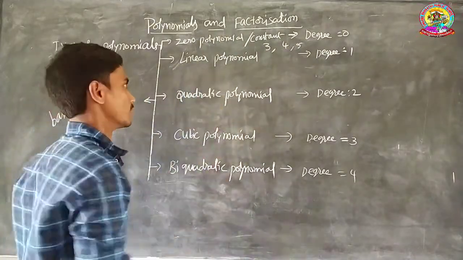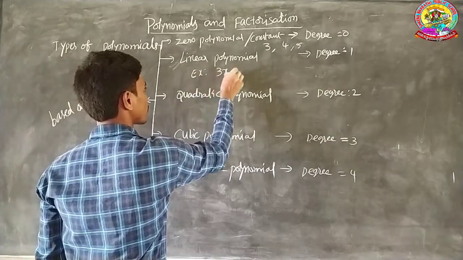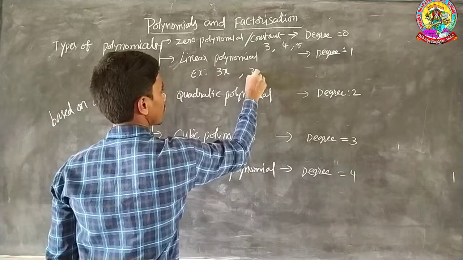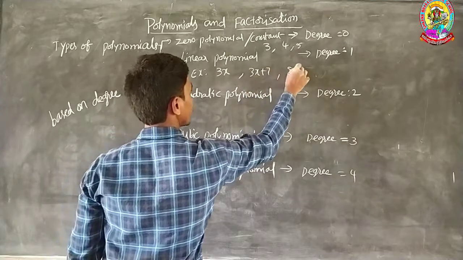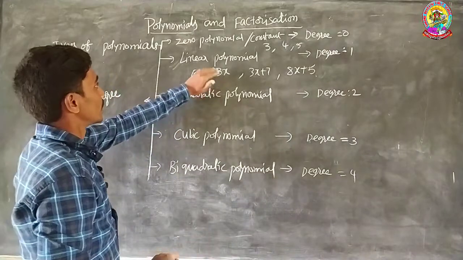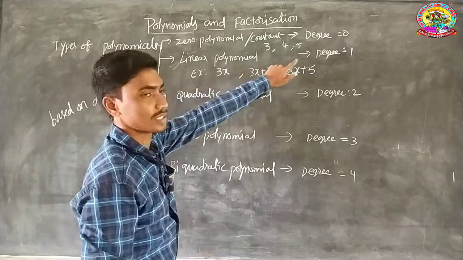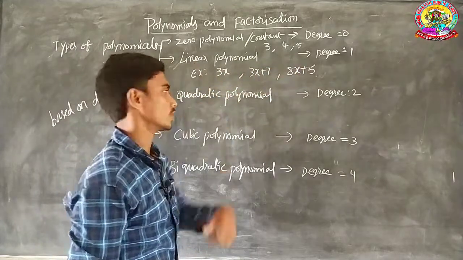Examples of linear polynomials are 3x power 7, 8x plus 5. These are all linear polynomials because in each expression the degree of x is 1.